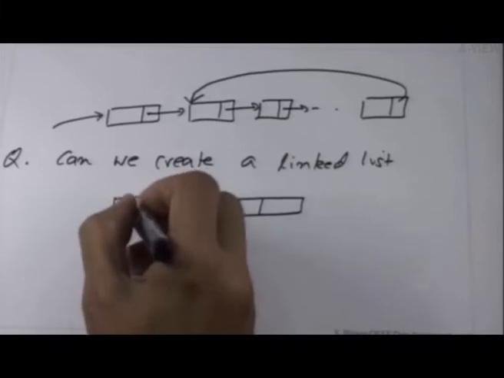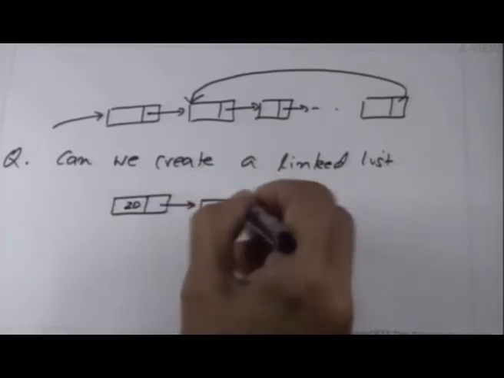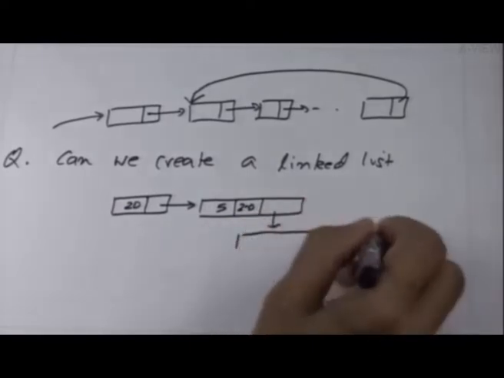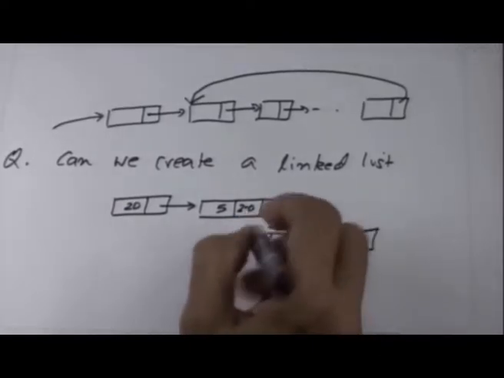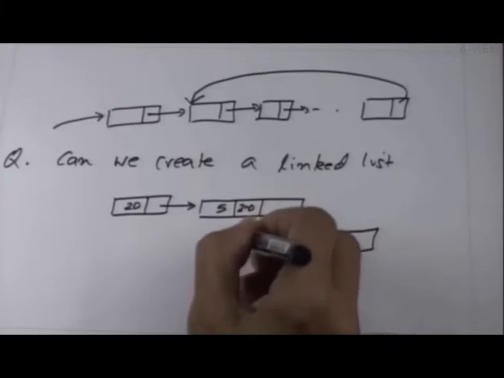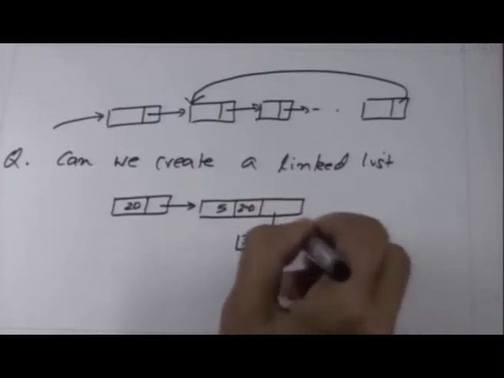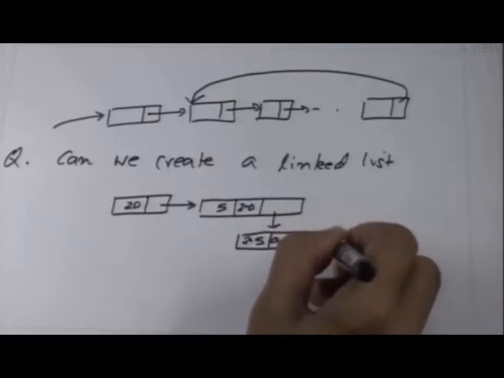Let's say this is 20, this is 5 and 2.0. This points to another element. This is what your friend wants to know. Let's say 2.5, character small a, and a value 25, and like this pointing.